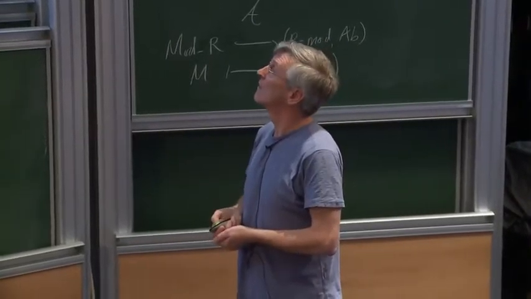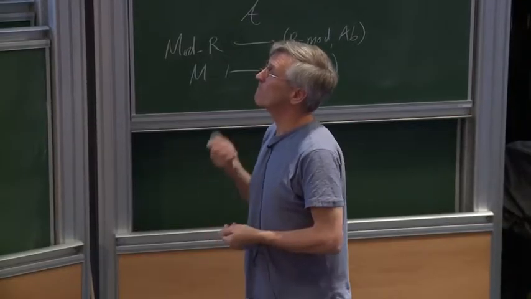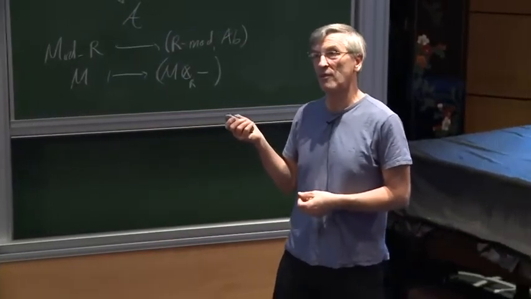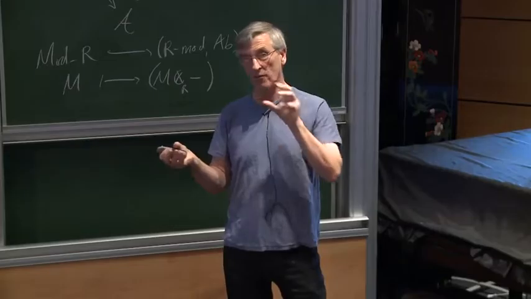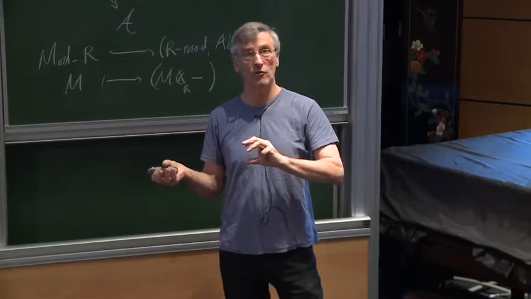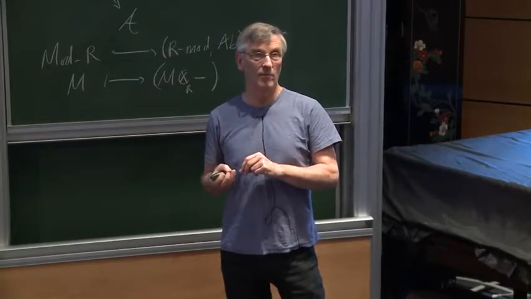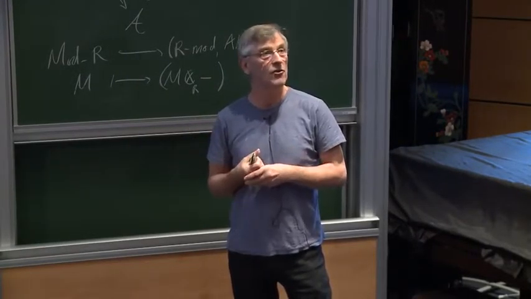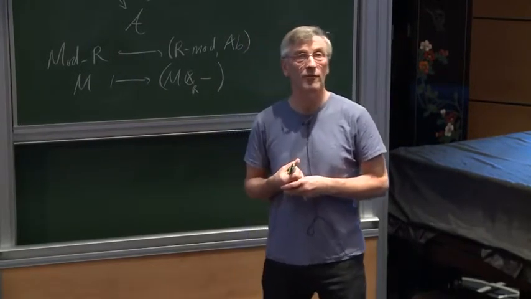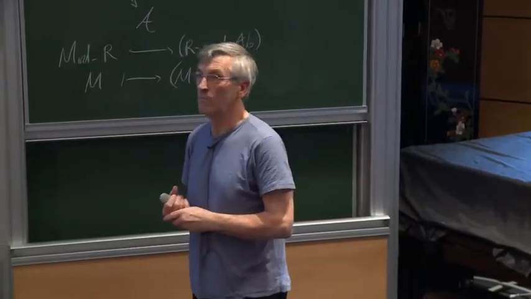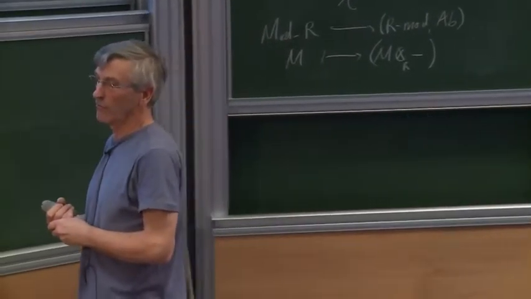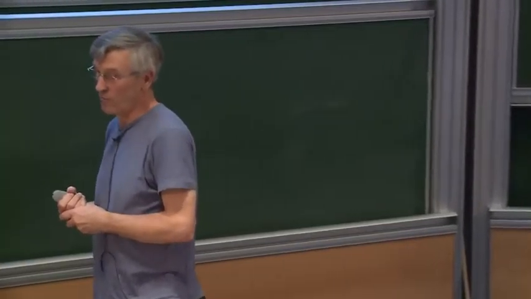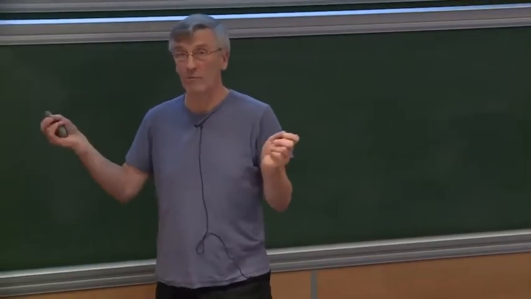Okay. Another problem within this area is to determine how difficult it is to classify the modules over the ring. So you have these notions of tame representation type and wild representation type, and various refinements of that. The idea being that if you have an algebra of tame representation type, you can probably classify the modules in some reasonable way.